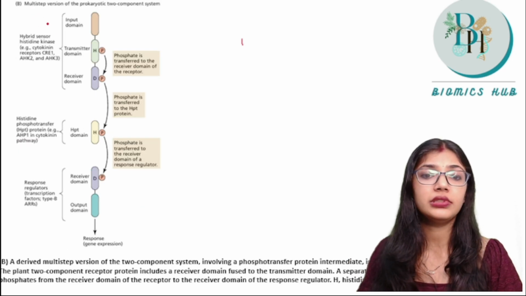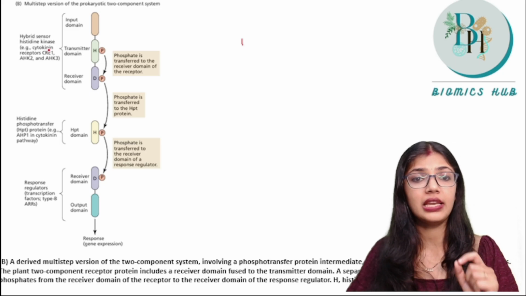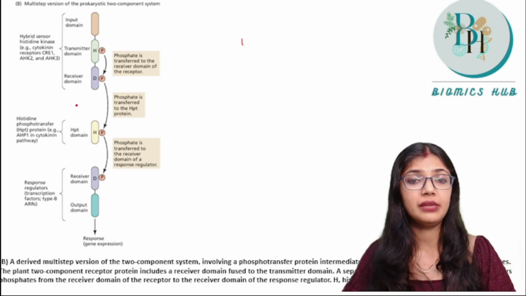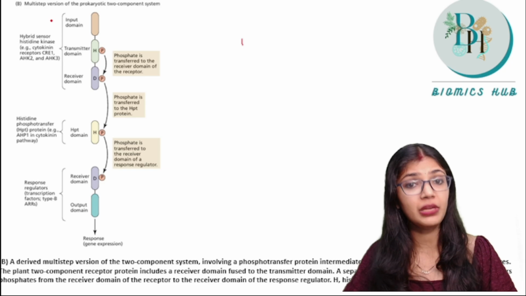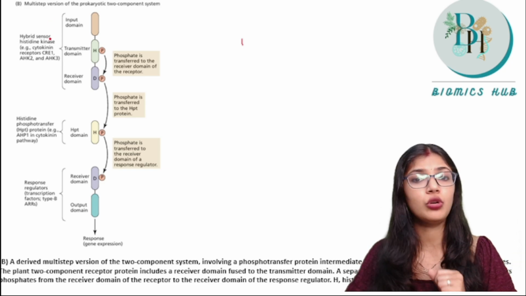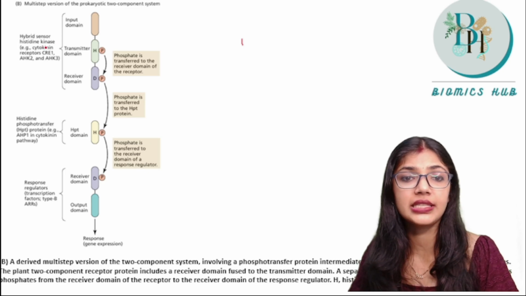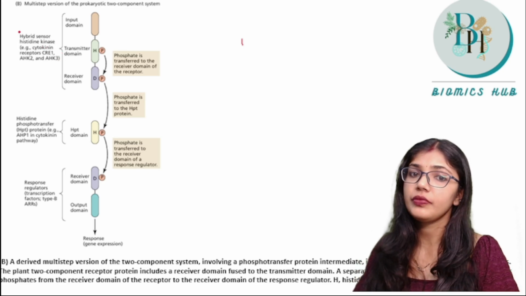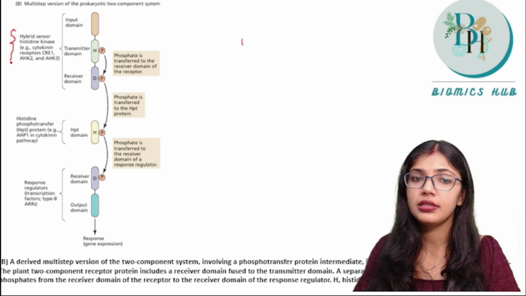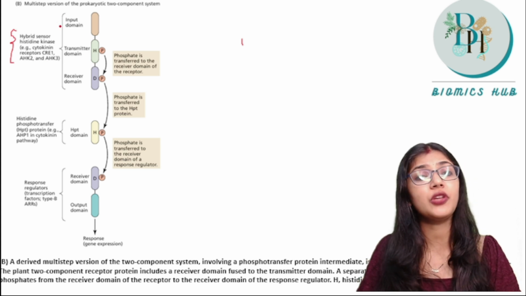In the cytokinin signaling pathway, there are multiple steps present apart from the general prokaryotic two-component system. Here we can see there is a hybrid sensor histidine kinase domain. These are the receptors of cytokinin.